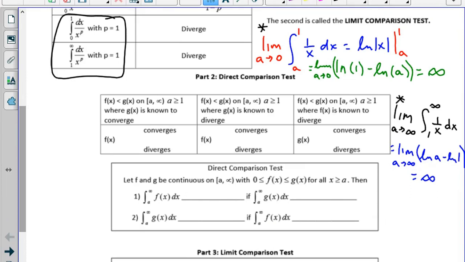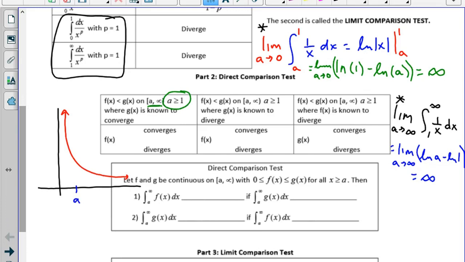So if we have f is less than g everywhere in the chart, I will make f in red, and I will make g in green. So notice A has to be bigger than 1, and f is less than g everywhere to the right of A. So let's make A there.